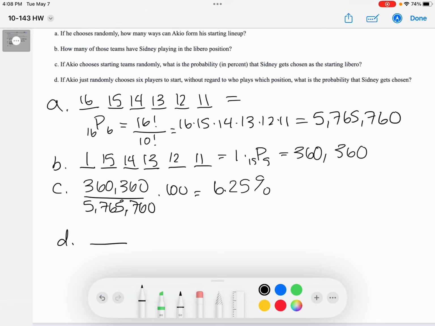So this is no longer a permutation. This is a combination. We are choosing from 16 players. We're choosing 6 just randomly. That's going to be the total number of ways that we could choose 6 players without regard to which position they're going to play.